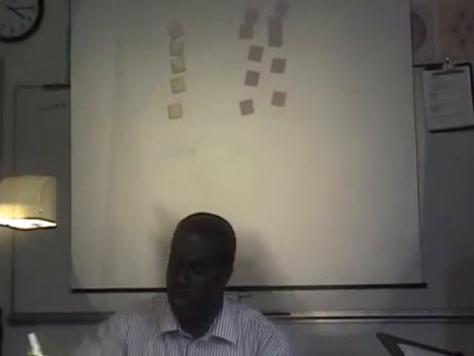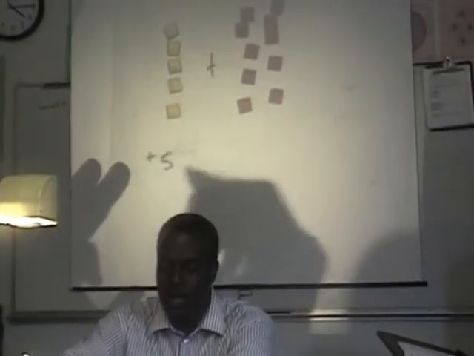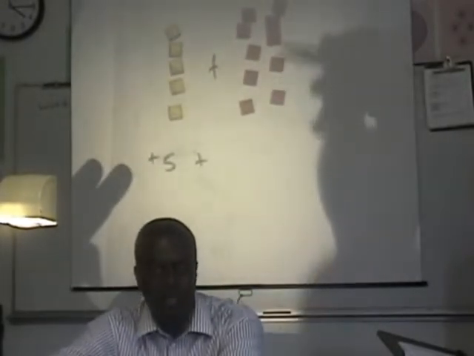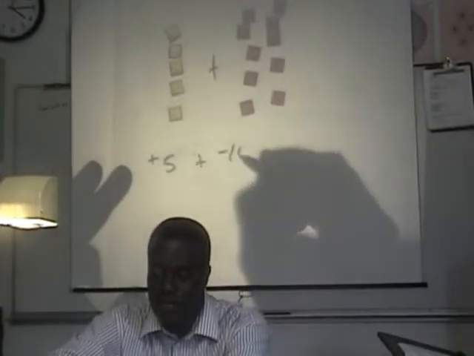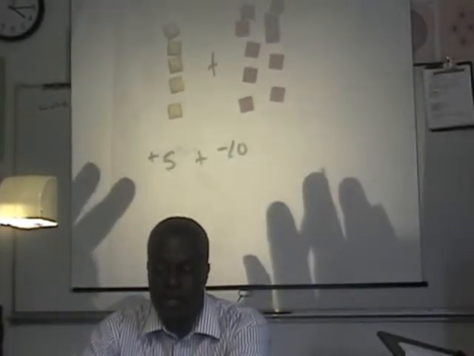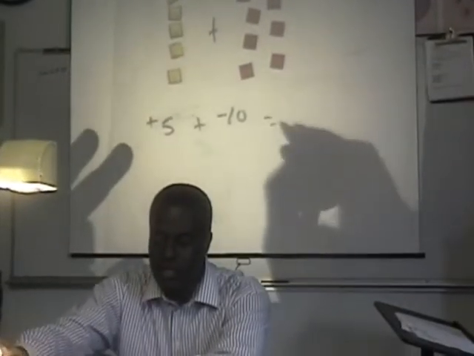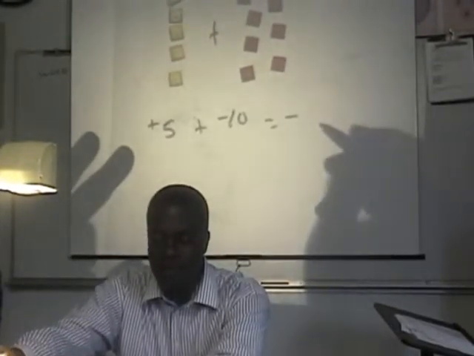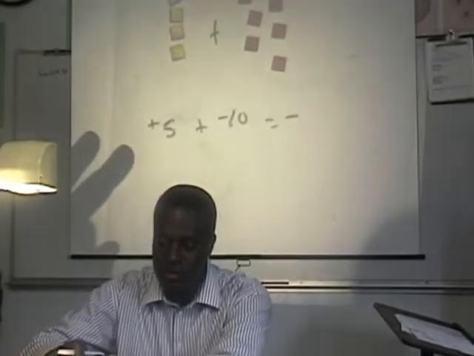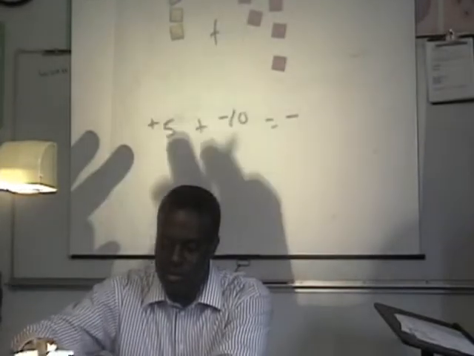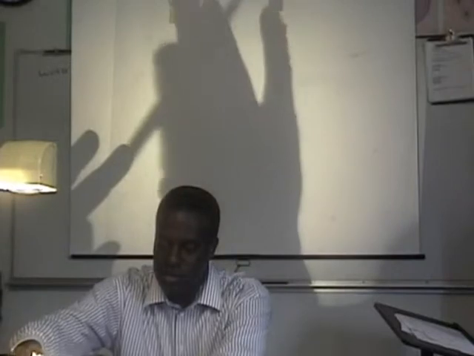So I have a total of positive 5, plus how many negative tiles do I have here? Count them. That's a total of negative 10. So what's happening? I have more negative than positive, so my answer is going to be negative. Now, what's going to happen? Each one cancels out the other. Let's do that, please, okay? These two are gone. These two are gone. These two are gone. These two are gone.